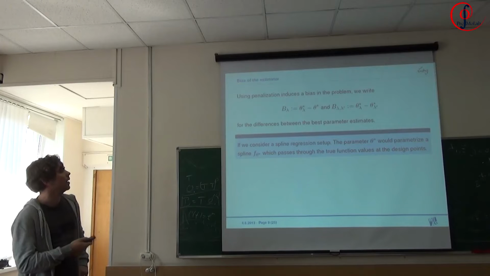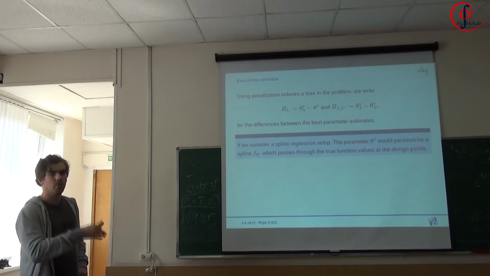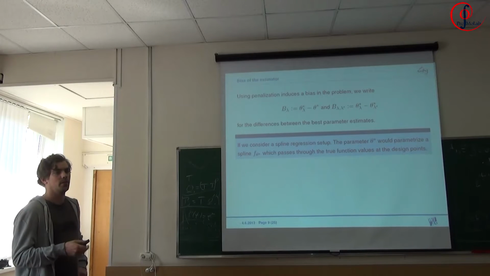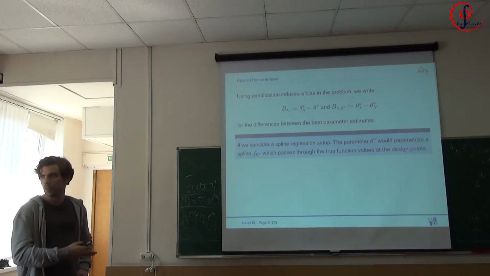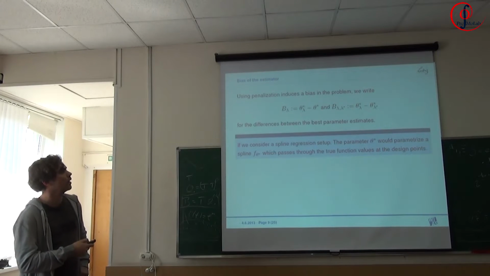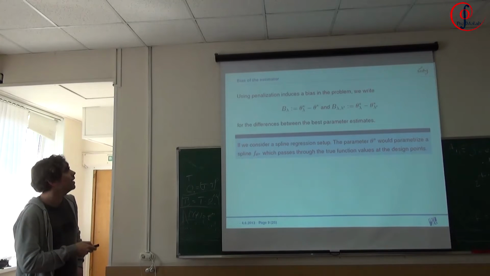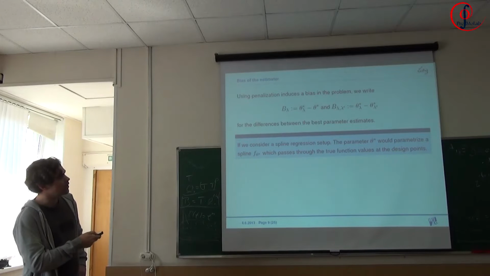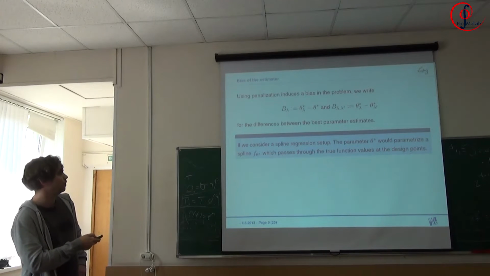So this would be a spline which passes through all the true function values in the design points. So not necessarily the real function behind it, but something very close to it, which approximates really nicely. But if you just consider the problem abstractly, you can call it the true parameter. This is what I'm going to do. And this is just the difference in the oracle parameters, which I'm going to write like this.